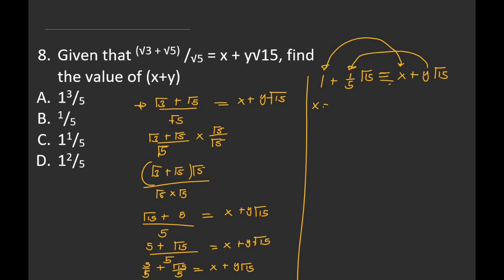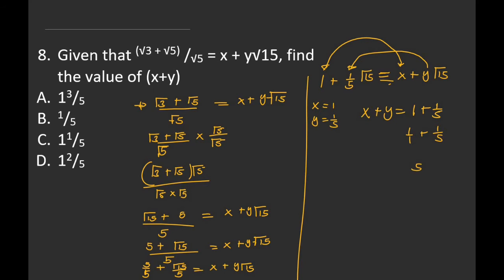So if x is equal to 1 and y is equal to 1 over 5, then x plus y, what we are asked to find, is 1 plus 1 over 5. Solve the fraction: you get 1 over 1 plus 1 over 5.